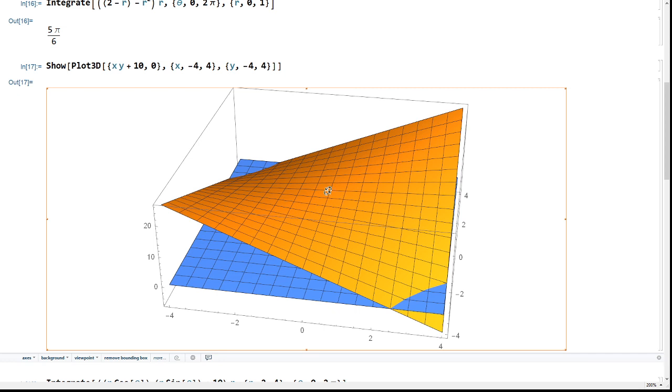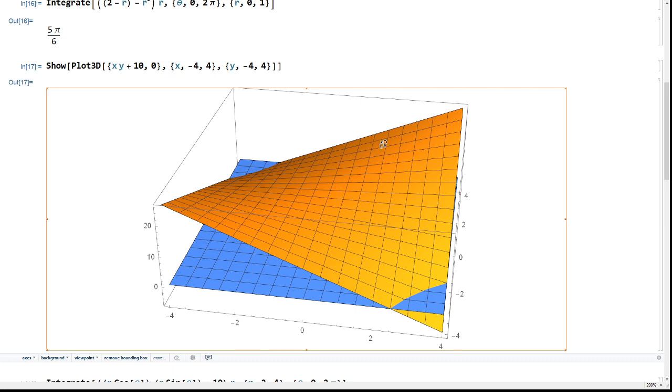We want the region that's beneath this blue plane here. This is the xy plane. So we want the part of this orange thing that's above that annulus. Now, if this orange part was always above the xy plane, it would be very easy to say that this is always the roof of the shape in some sense.